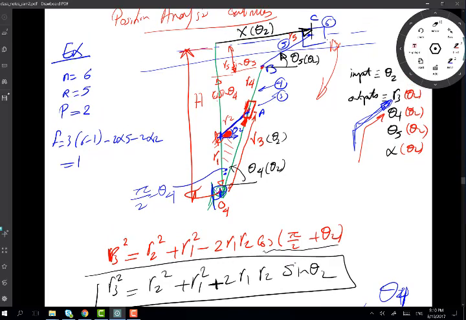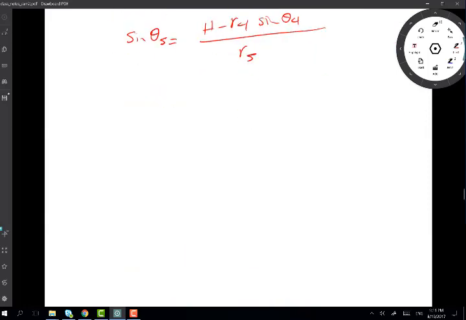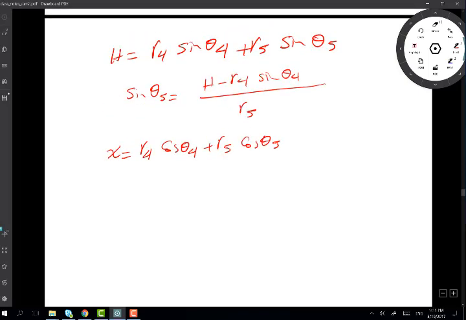Now, if I wanted an expression for x, I use the horizontal projection of the two vectors I just used. If I project R5 on the horizontal axis, I'll use cosine, and for R4 I'll use cosine, and they both add up to x. So my expression will be x is equal to R4 cosine theta 4 plus R5 cosine theta 5, and this gives me the expression for x.